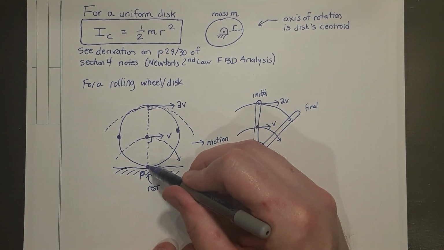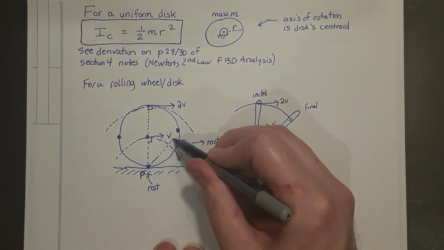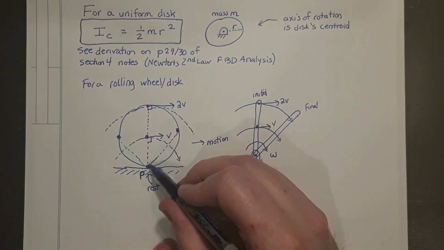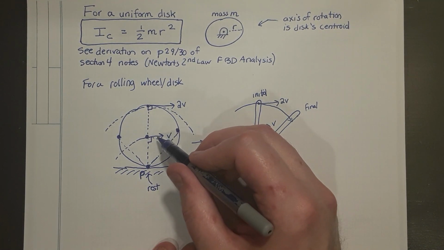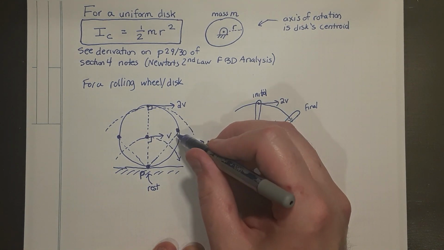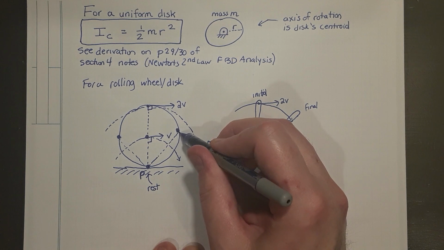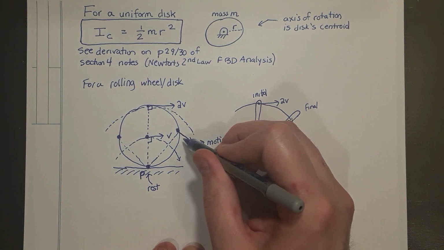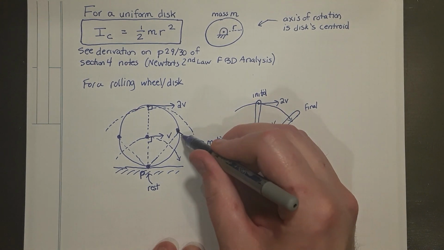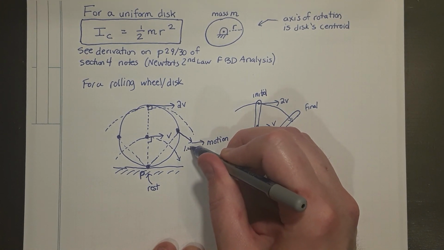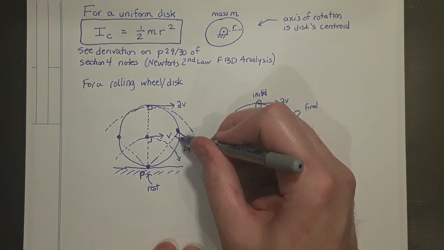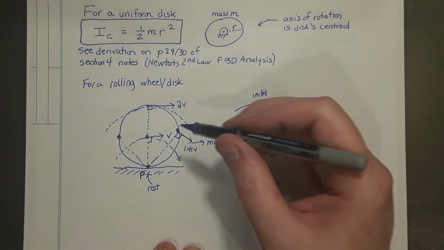If I go to the leading edge of the wheel or the trailing edge of the wheel, you'll notice that if I take a radius vector to those locations, those distances are a little bit longer than the distance to the center, but shorter than the distance to the top of the wheel. So that distance at that location is square root of 2 times the radius. So we'll end up with 1.41 v, square root of 2 times v, at a 90-degree angle to that radius vector.